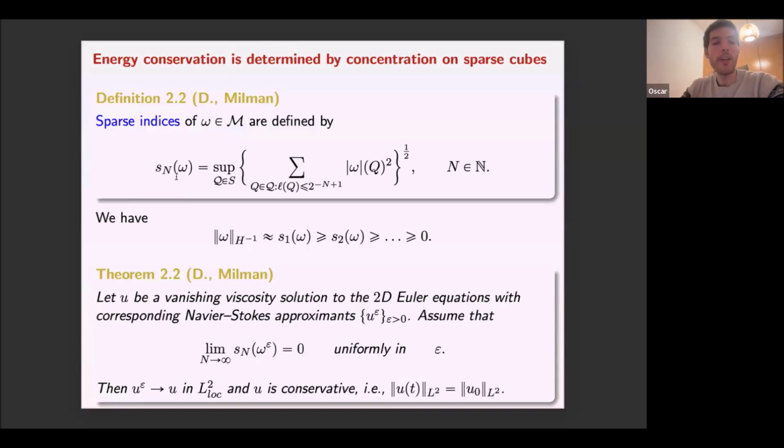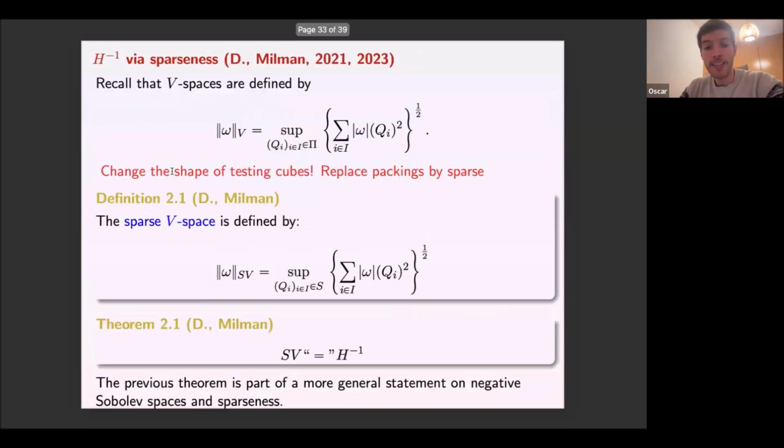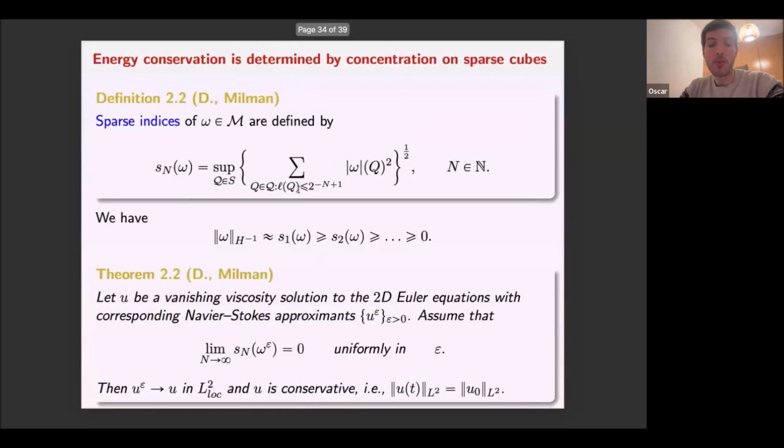So in a natural way, we introduce the sparse indices of a measure, S_n, and this is nothing else than the remainder terms in this series, okay? We consider here the sum over the sparse cubes with length less than or equal to 2^-n. And note that by construction, this sequence is non-increasing, is non-negative, and is bounded by the H^-1 seminorm.